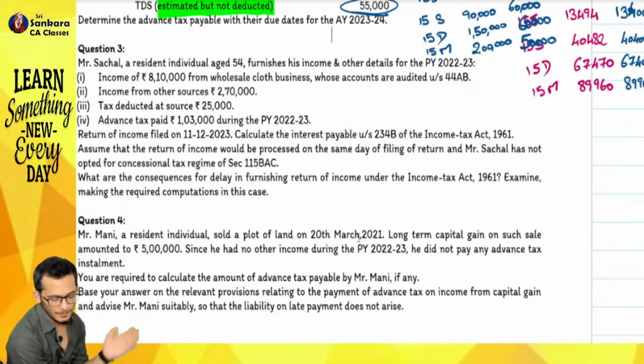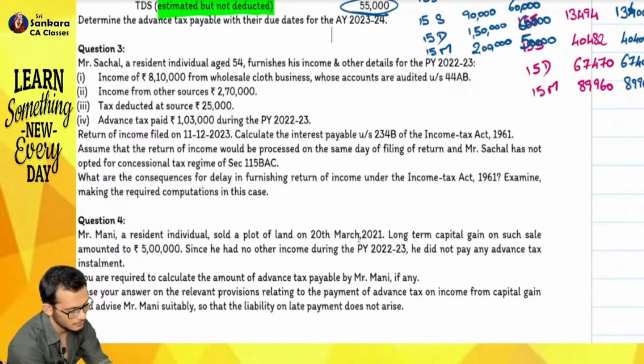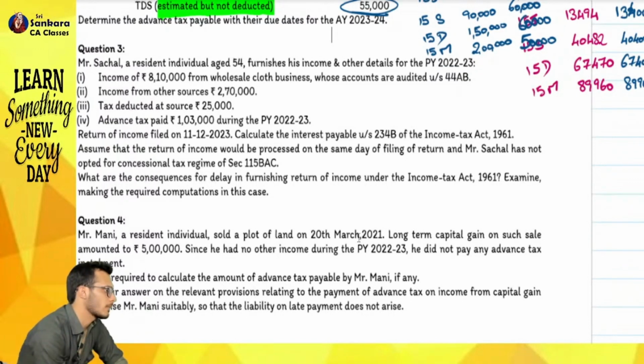Yes or no? Let's compute the tax. Is it 1,08,500 without cess? I'm asking tax liability. I don't want the net tax payable. I want the tax liability.